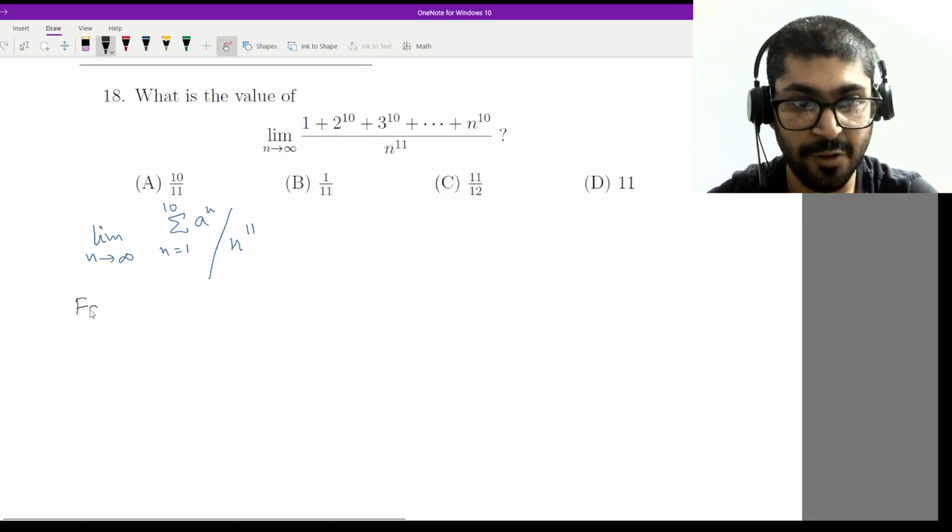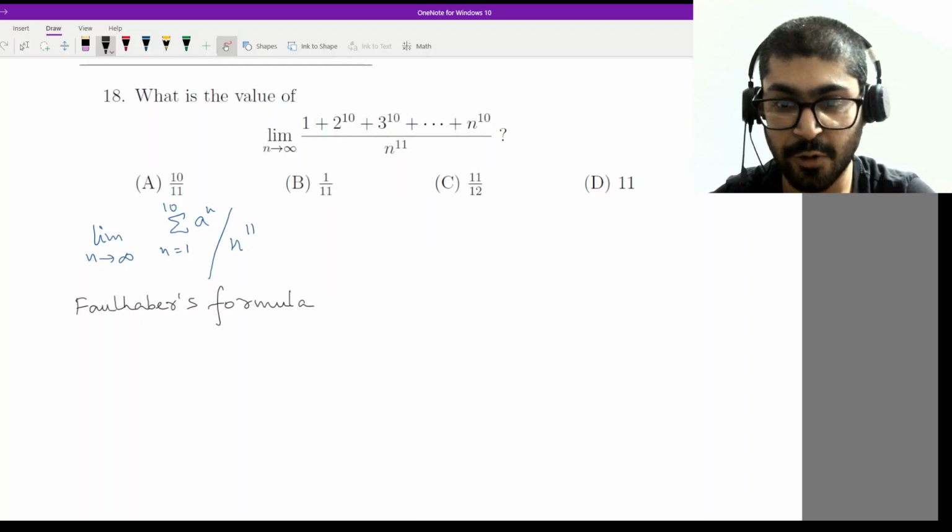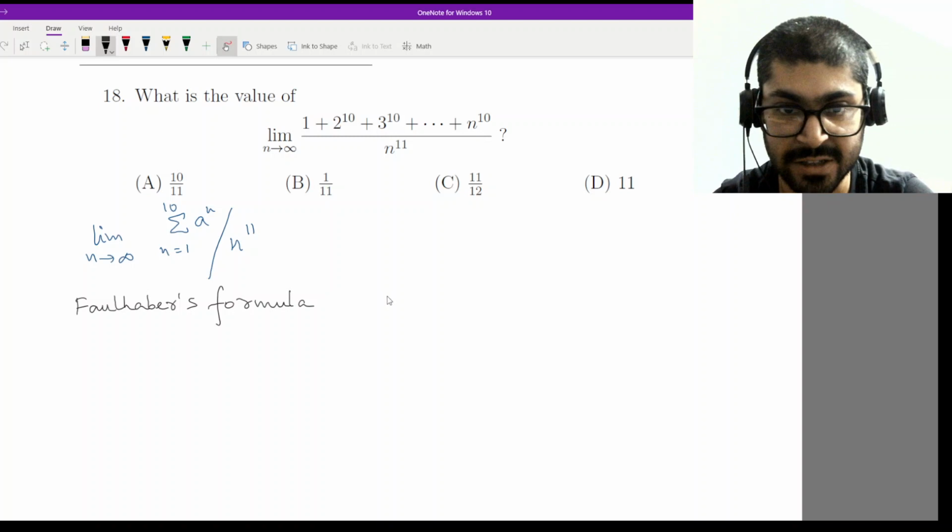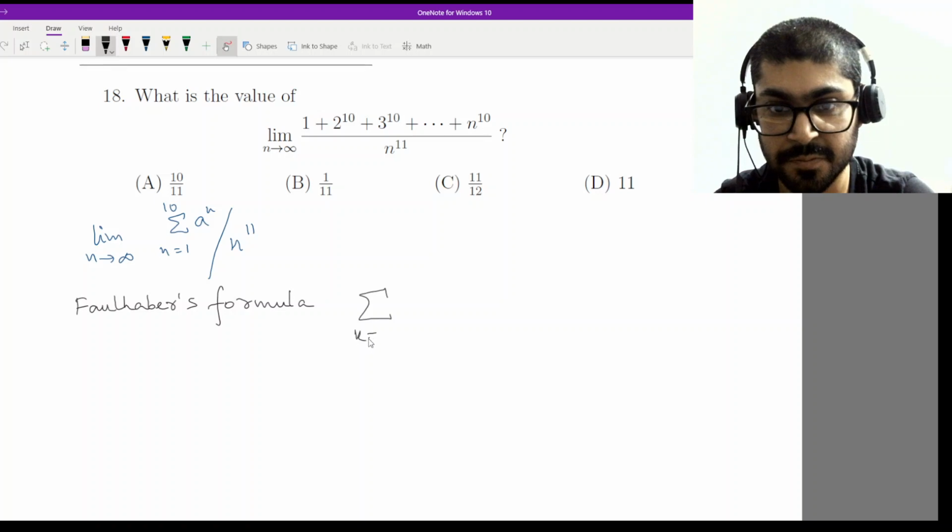This works for any power sum. So it will be like sigma k equal to 1 to n, k to the power p for this type of series.